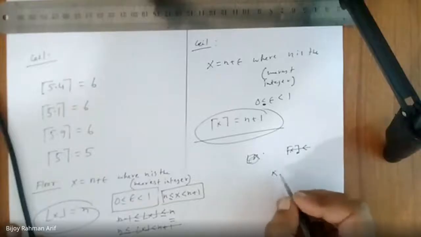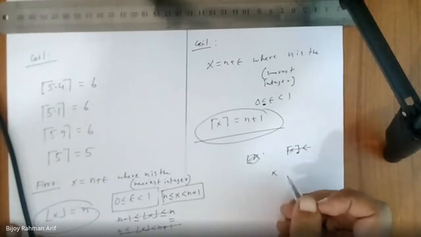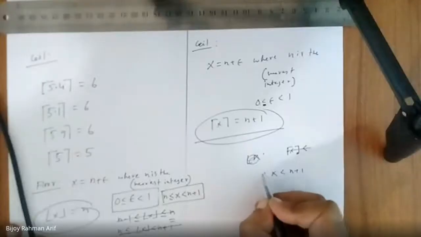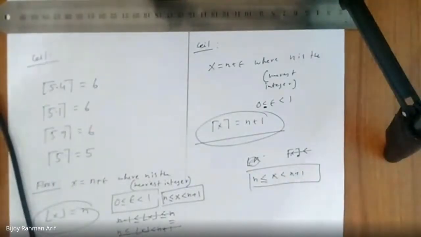So in both cases, this is the definition of nearest integer. Do you have any problem? Then you can ask questions.